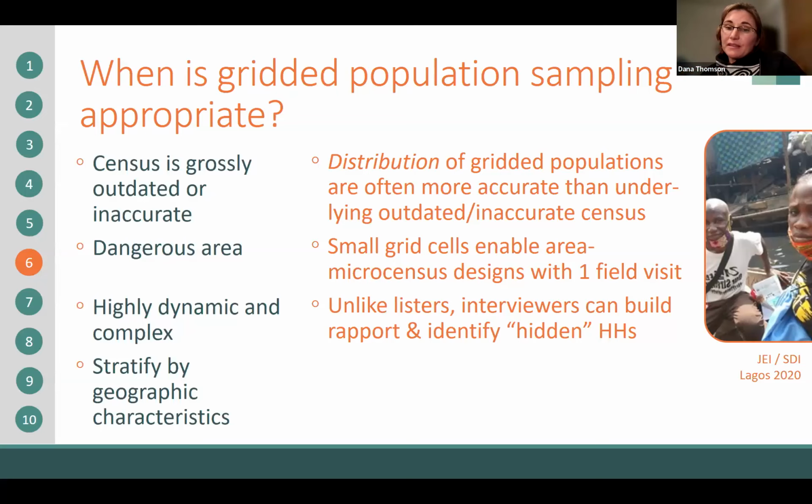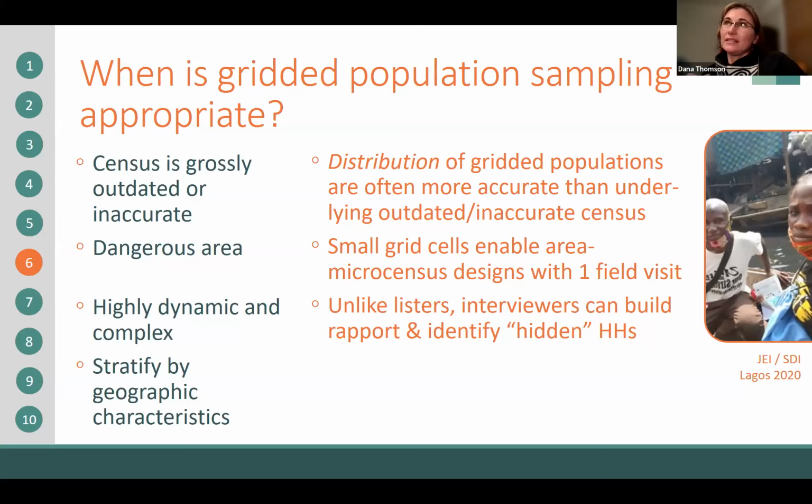In a dangerous area, this is attractive because you can be in and out of the field in one visit, and you can still do a robust sample design versus, say, a random walk, where your sample weights are not calculated as robustly as many survey statisticians would like. And the same applies to highly dynamic complex settings. You might want to go to the field and have the same people do the listing and interviews.